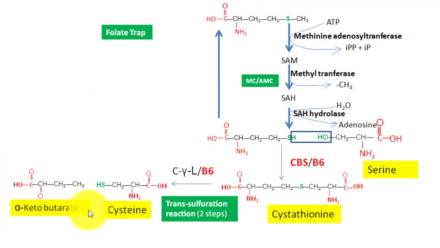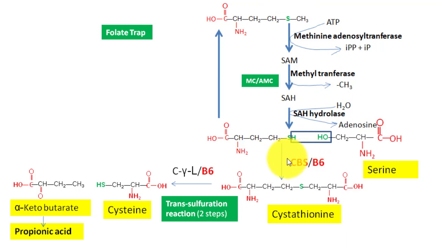Ultimately it will form propionic acid, and this propionic acid will form succinic acid in mitochondria. So this is the catabolism of methionine. Methionine will form homocysteine, which will ultimately form propionic acid and cysteine. So this is also the pathway of formation of cysteine as well as catabolism of methionine.